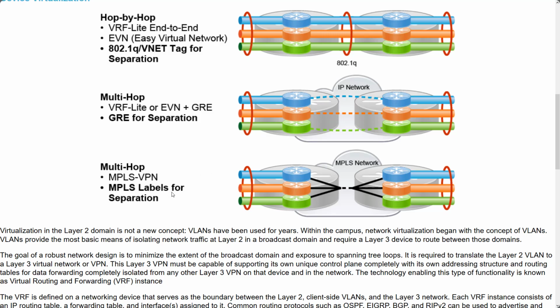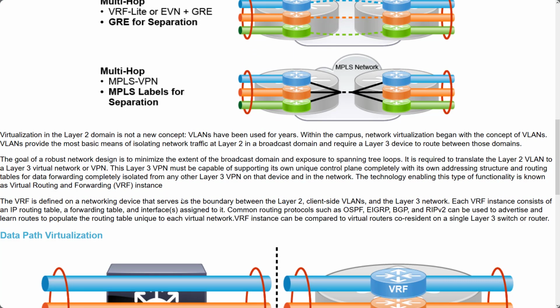In a multi-hop environment, we also might have MPLS VPNs, and we use MPLS labels for separation. Device virtualization, by definition, is the virtualization of the network device. This includes the processors, the processes, the databases, the tables, and the interfaces within that device itself.